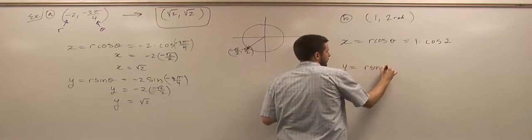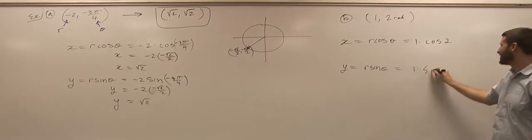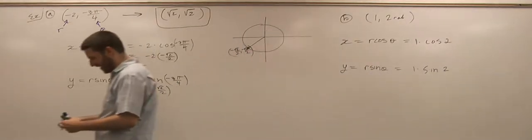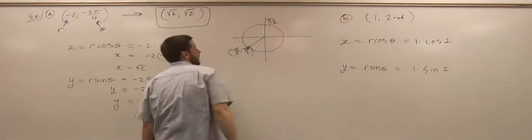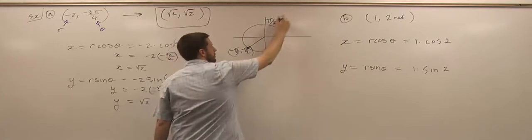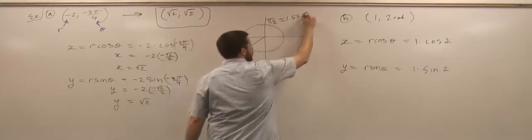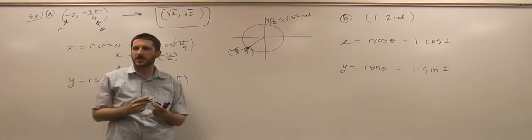Isn't the pi always implied though? No. What's pi over 2 if you don't want the pi? 1.57 radians. So whether you write it as 1.57 radians or you write it as pi over 2, it's the same thing.